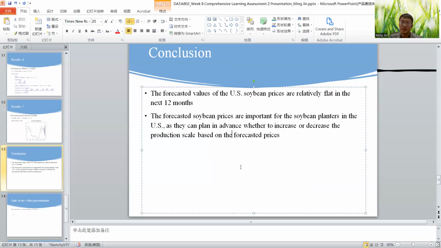And we can say that this forecasted model is very important for decision making, because it is very critical for the soybean planters in the United States. So once they have obtained the forecasted soybean prices in the future, this can guide their actions in the future 12 months.